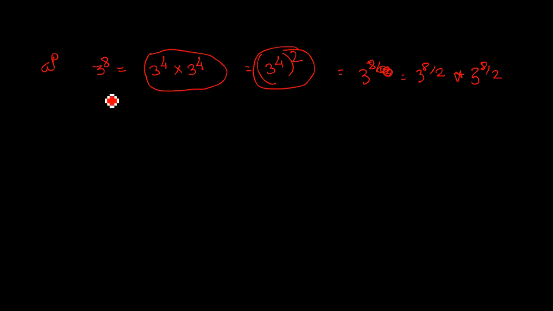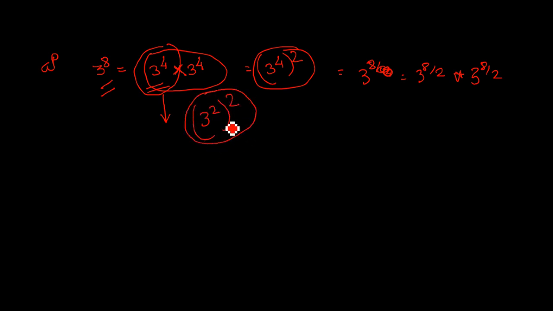So suppose we have to calculate 3 to the power 8 and we know the value of 3 to the power 4, so we can just make it square. We don't need to calculate the value of two things, we only need the value of 3 to the power 4 and make it square. Similarly for 3 to the power 4 we can find only 3 square and make it square. For 3 square we just multiply 3 with 3.